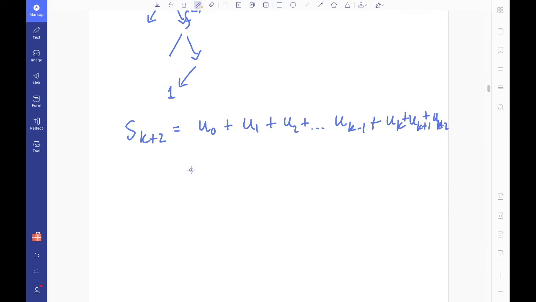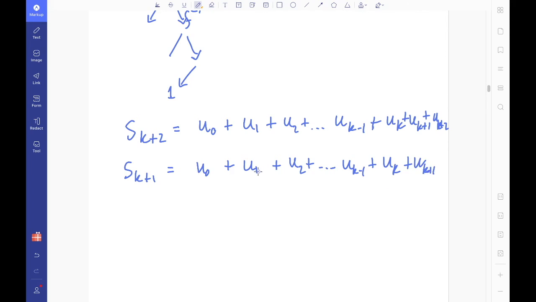Sorry about that, running out of room there. Okay, so if I do the same thing for sk plus 1, it's always nice to write these things out in full. If you're very accomplished at using sigma notation, you could do that, but writing it out in full is sometimes a little bit more useful for me. uk plus 2, dot dot dot, and then you have uk minus 1 plus uk plus uk plus 1.